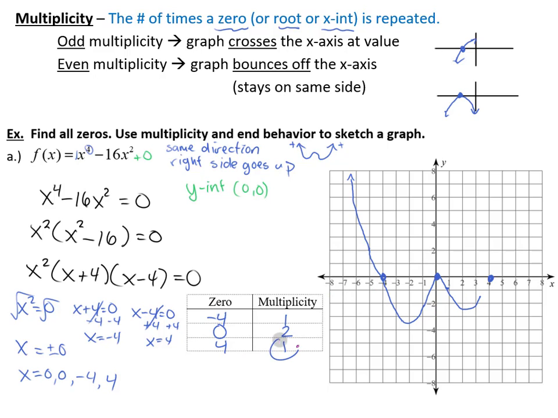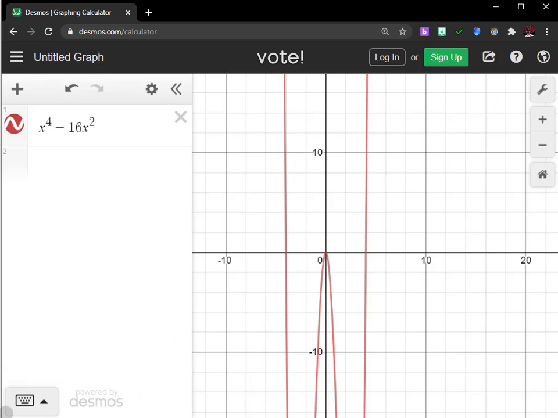And 4 only occurs one time, and in odd multiplicity, it just passes on through. So this graph will continue upwards, like our sketch here where we knew the left and right side was going upwards. We didn't know exactly what was going on in the middle, but finding our zeros and their multiplicity gave us a pretty good idea.